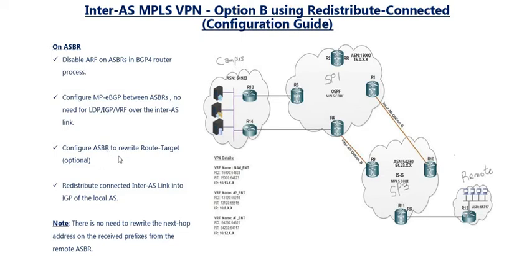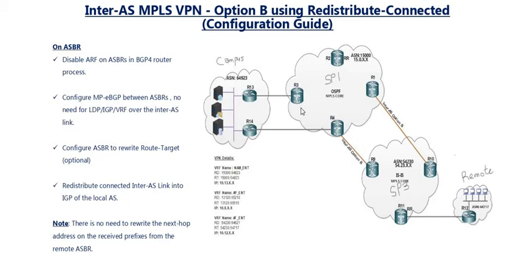In my previous video, I mentioned the need to consider route target rewrite, which is optional, but rewriting the route target on the ASBR reduces the configuration that you need to do on the PE or the route reflector.